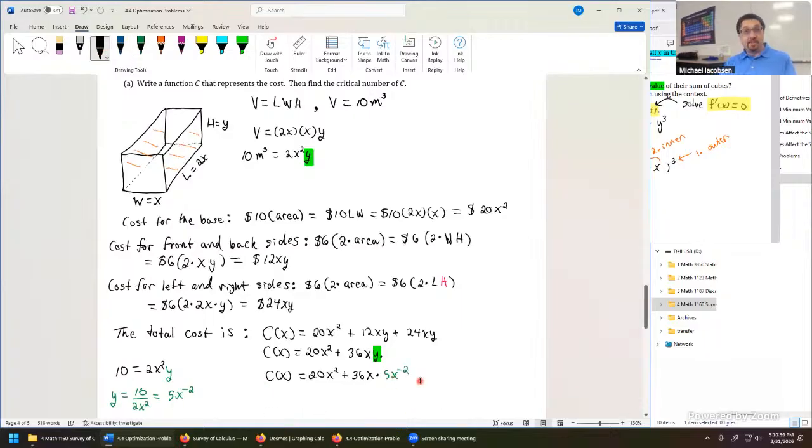And then finally, we can simplify from here on out. So cost in terms of x is now 20x squared. Let's see, 36 times 5 is 180, plus 180. x times x power negative 2 will give us x power negative 1.